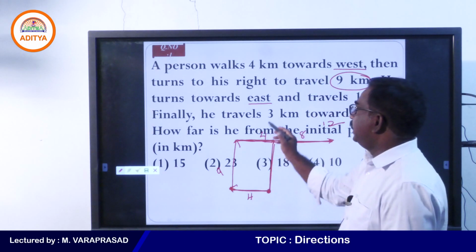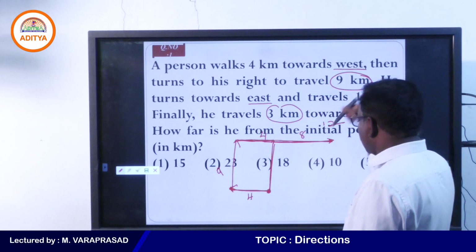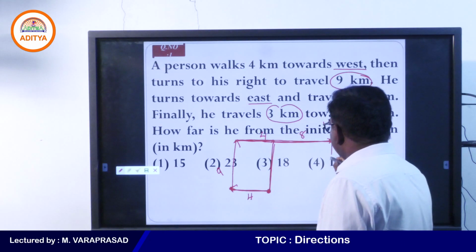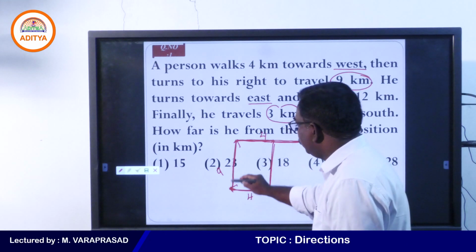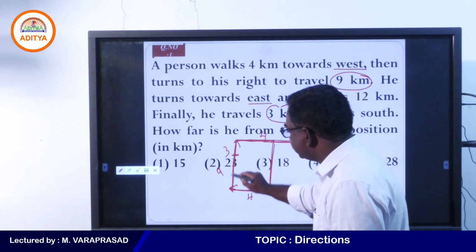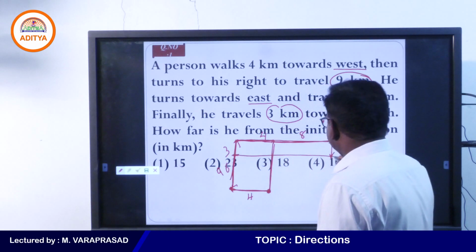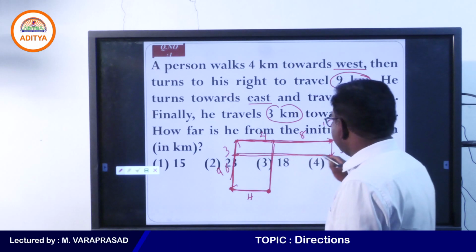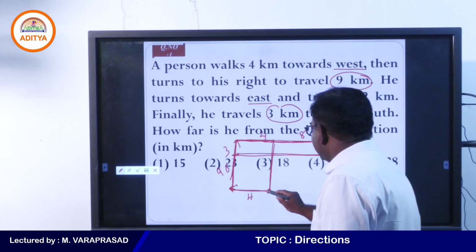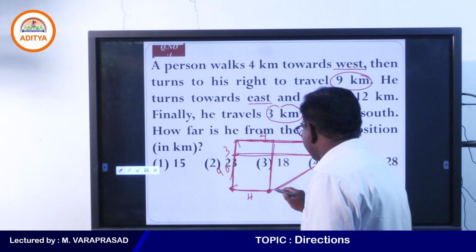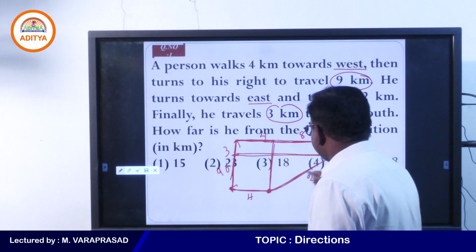Now what is next? Finally he travels 3 kilometers towards south, meaning down direction. So this is totally 9. If you take 3 kilometers here, this is 6. Now this is the final point and this one is the initial point. What distance is asked here?